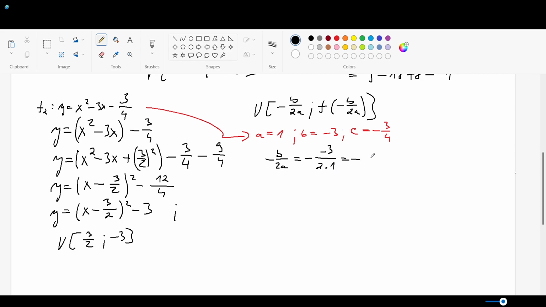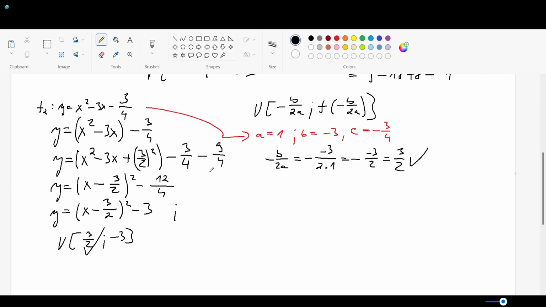So this is going to be negative 3 over 2, negative times negative, which in this case can be understood as negative 1 times negative 3 over 2, or negative of negative, which is equal to 1. There are two ways you can understand this procedure. So our x coordinate of the vertex is, after this procedure, going to be 3 over 2, which is correct, as you can see.